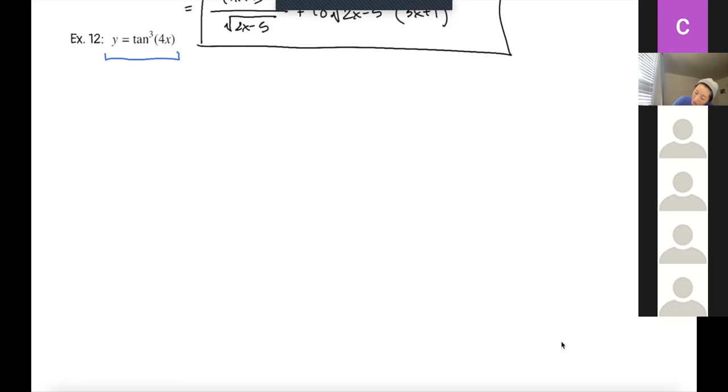Chain rule, I agree. Chain rule is going to come in handy. What else? Power rule, I see a power of 3. So yes, that's telling me I probably need a power rule. And then just because we see the tangent, we're thinking we also need to know the derivatives of tangent, okay?